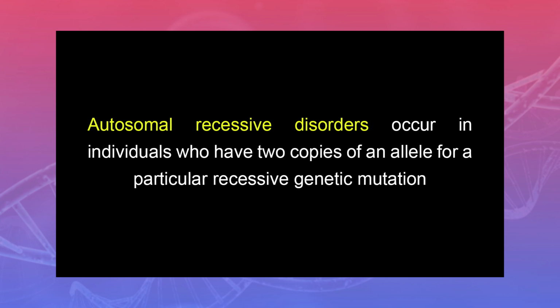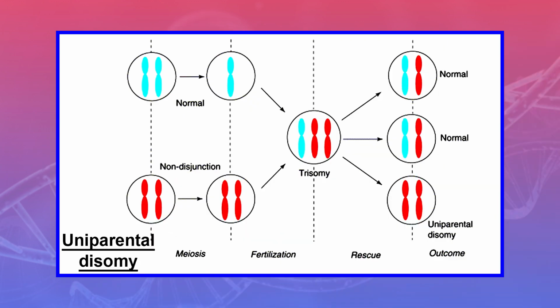Autosomal recessive disorder occurs in individuals who have 2 copies of an allele for a particular recessive genetic mutation. Except in certain rare circumstances such as new mutations or uniparental disomy, both parents of an individual with such a disorder will be carriers of the gene.